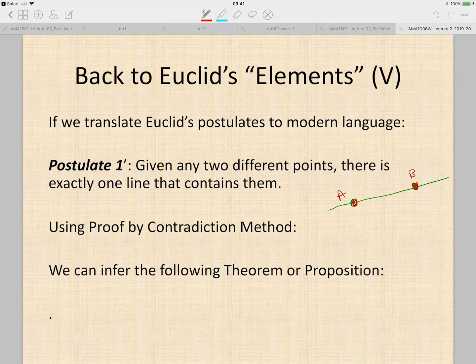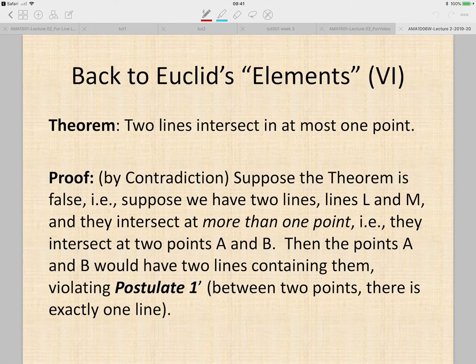We're going to prove this by contradiction. The contradiction method again is you assume that it's not true, and then from there you prove something very ridiculous. Therefore, the original assumption must be wrong. So the two lines intersect at most at one point. Basically, that's what I'm saying. So, proof by contradiction.